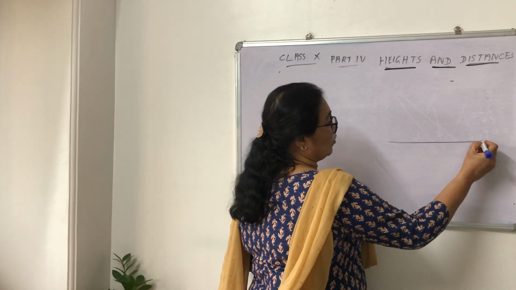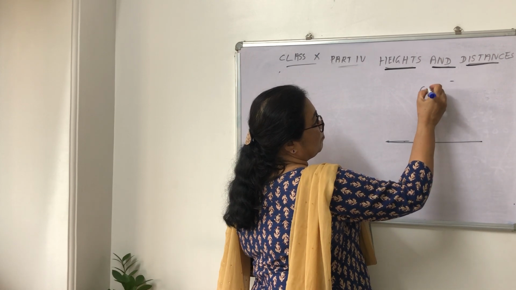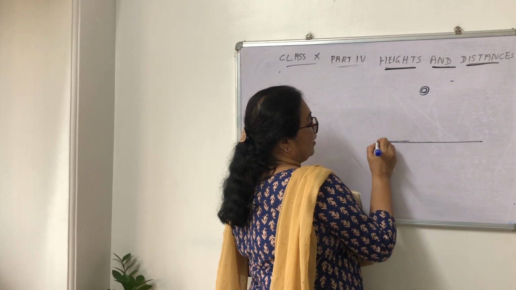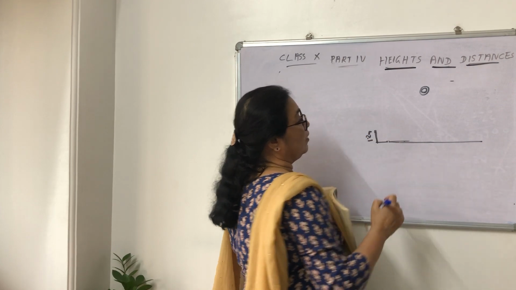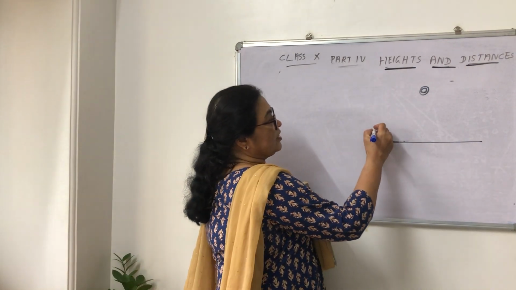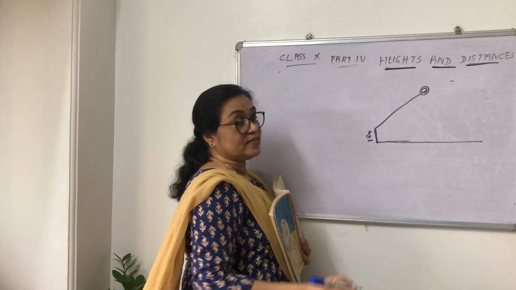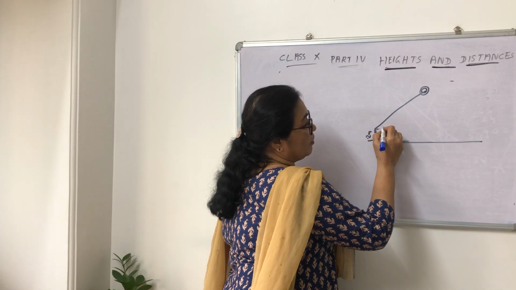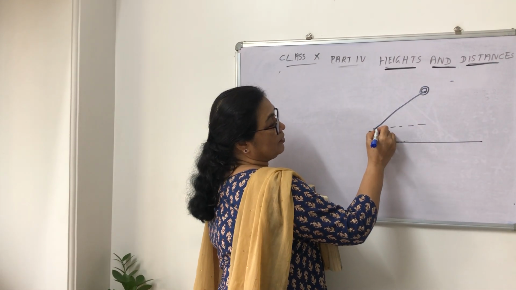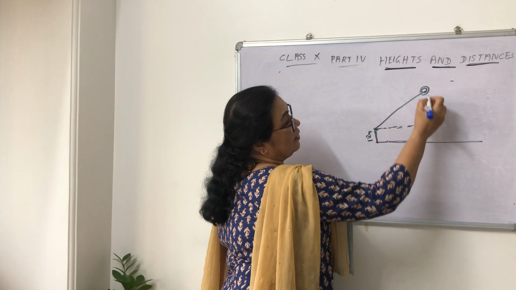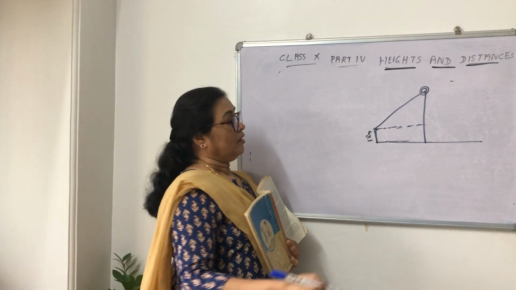So this is the ground, this is the balloon, and this is the girl of 1.2 meter tall. From here she is spotting the balloon. So she is looking at this balloon like this. This is our normal ray, and this is the height of the balloon.